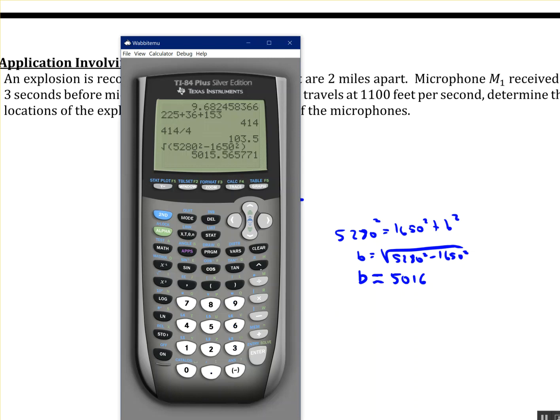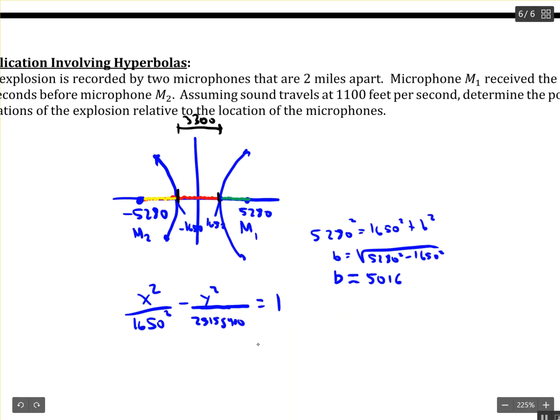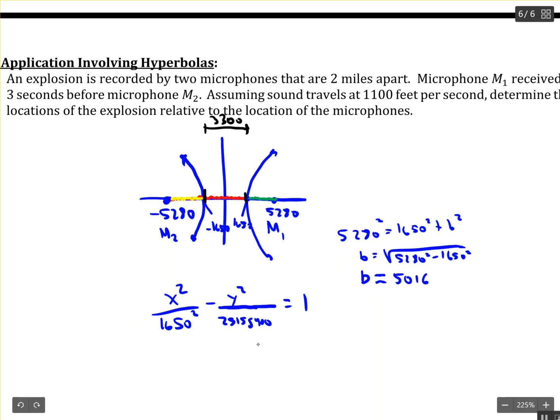Or if we wanted to, actually, we could leave it as b squared, 251,559,00. All right, so basically anywhere on that hyperbola would be an appropriate location for the explosion. And that's all there is to it.